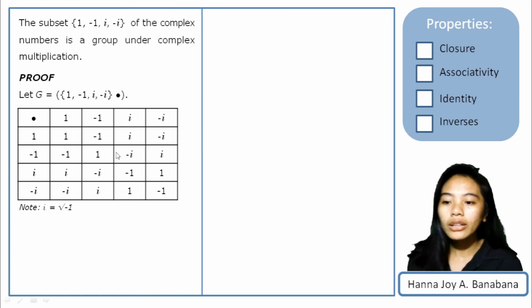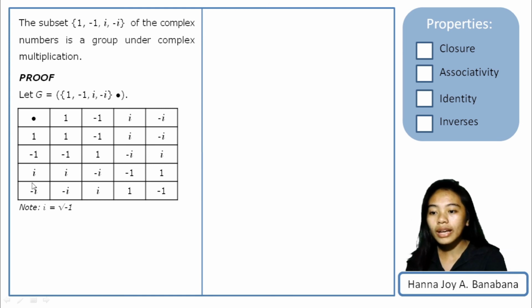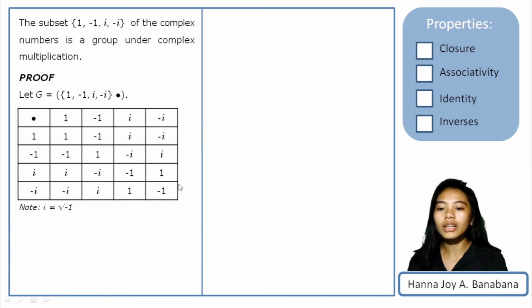I'll just directly go to i times i is -1. Why is that? Because square root of -1 times square root of -1 is just -1. We'll just omit the radical sign. And negative i times negative i is -1 because negative times negative is positive, and then the square root of -1 times the square root of -1 is -1.